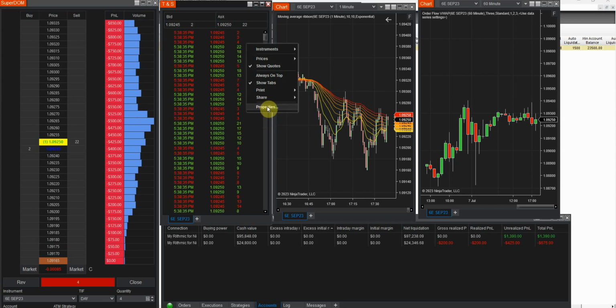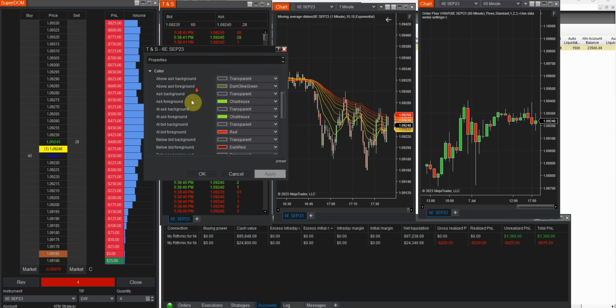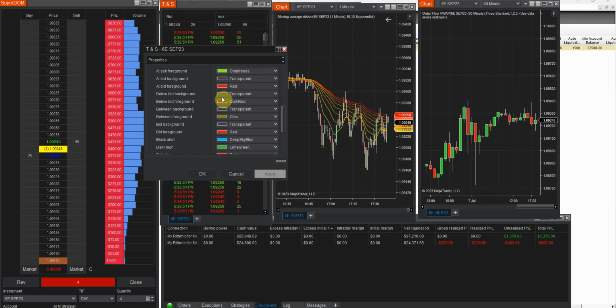So we've got properties. Let's see if we can change what's going on. We've got ask, green, and then bid is the red. We've got different settings that we can set to different meanings of the order type.